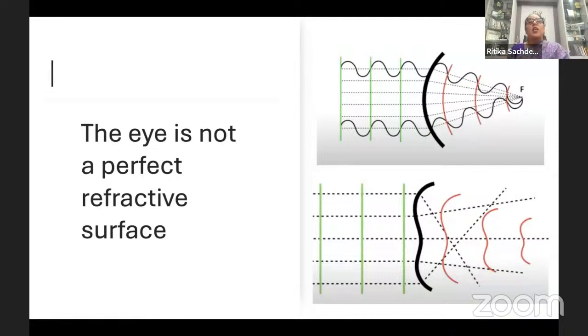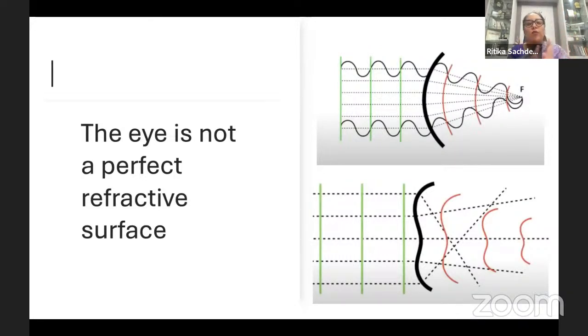So let's come to really understand what wavefront is and why we need it as eye surgeons. The eye is a refractive surface. Fortunately or unfortunately, it's not perfect. So when you have a wave moving into a refractive surface like the eye, you can plot all spatial points at the same time to create a waveform.